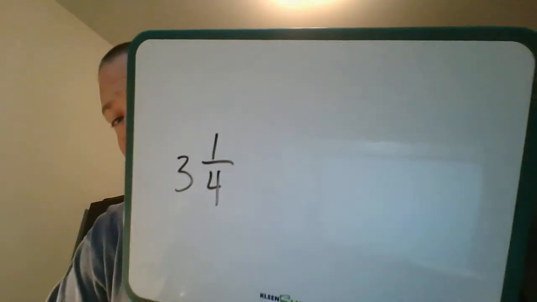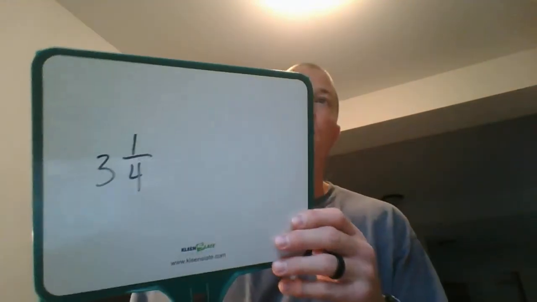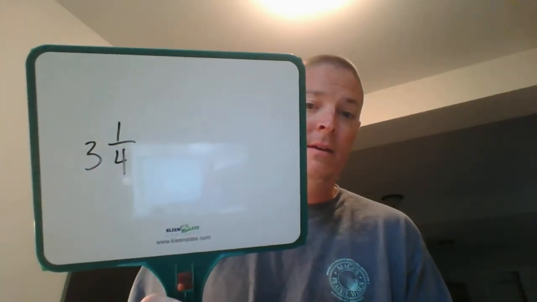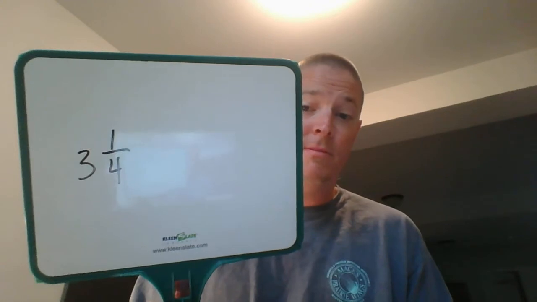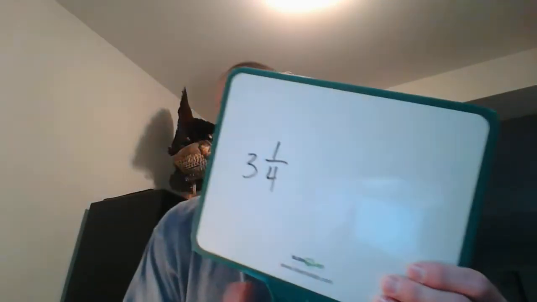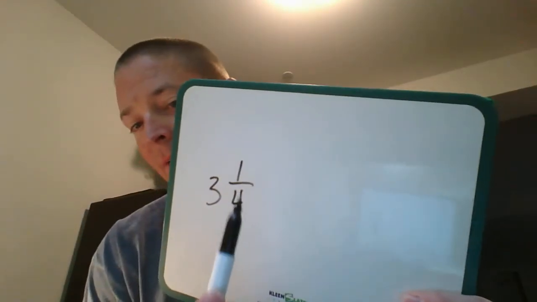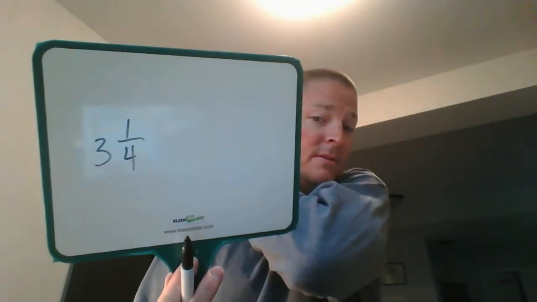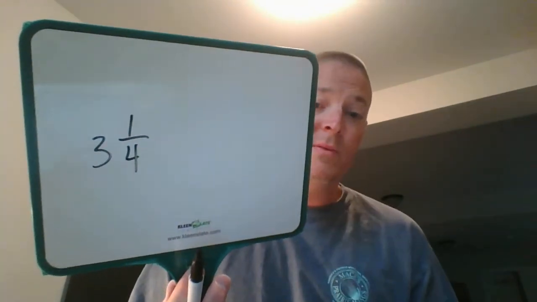All right, so let's go the other direction now. Let's say I make up the number 3 and 1/4. Instead of going to a mixed number, it's already a mixed number, but we want to identify the improper fraction that matches it. So remember, this 1/4 represents a leftover, a remainder, and that 3 is the number of whole groups that we have.